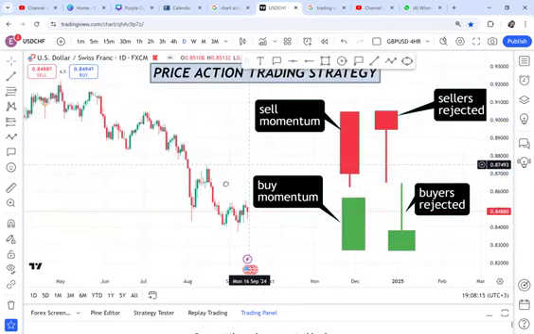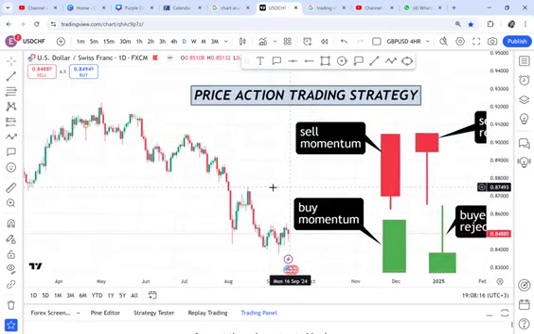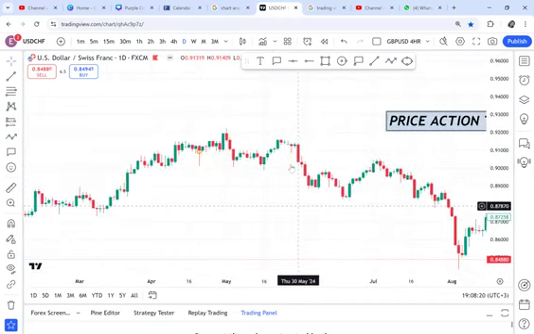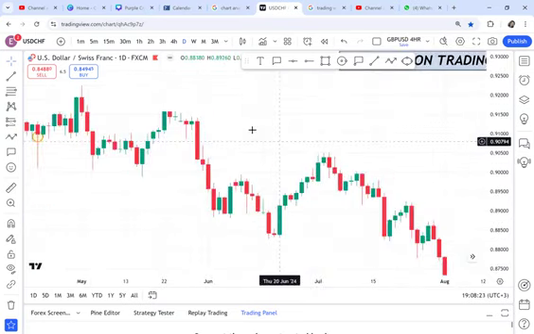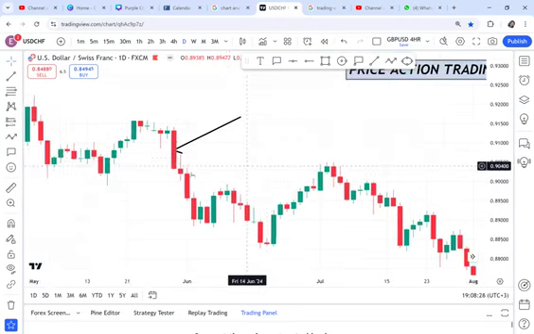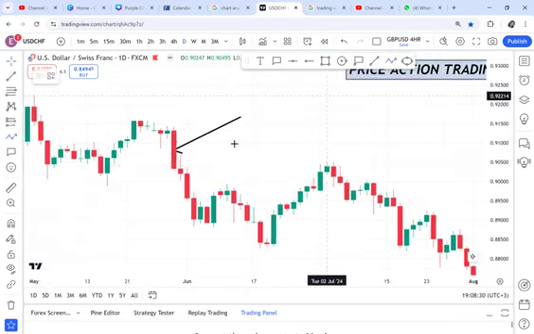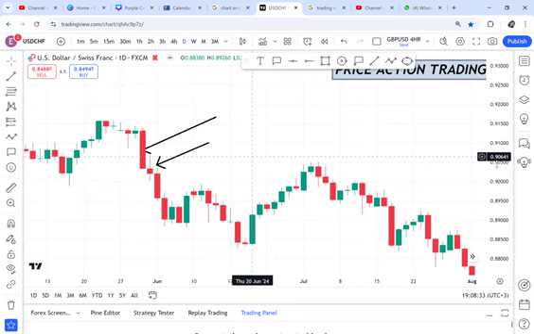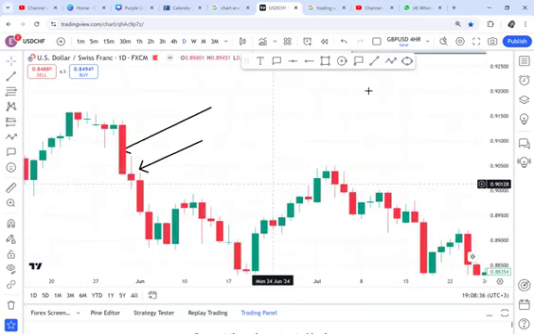For instance, you might have 3 candles following each other. Like here, you can see, here we have this momentum candle, and then here we have a rejection candle. That's what I mean. The market is a combination of so many candles. It's up to you to know how to interpret.